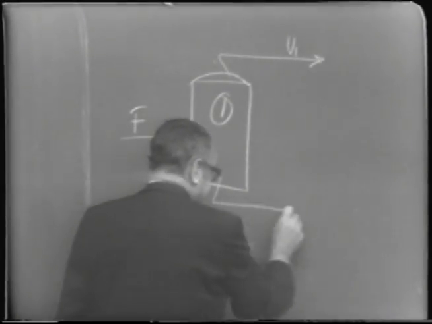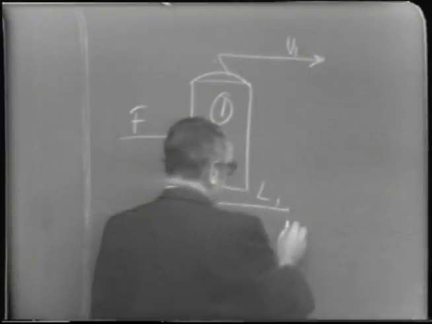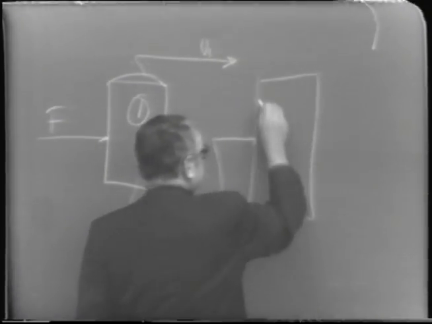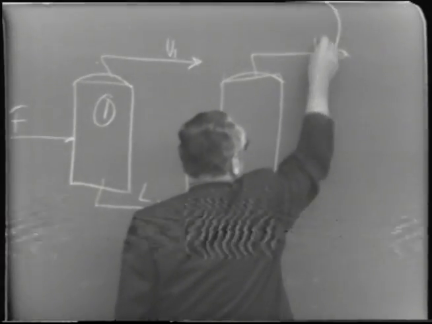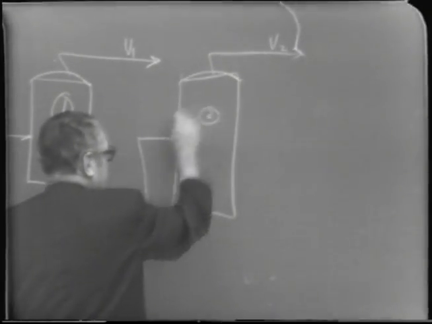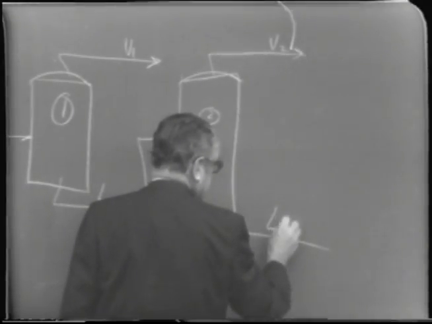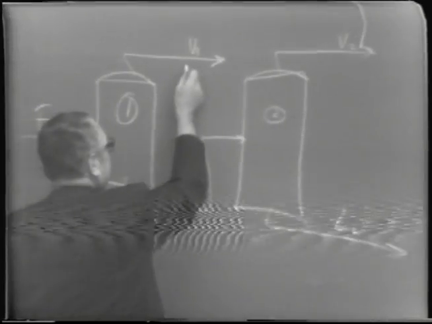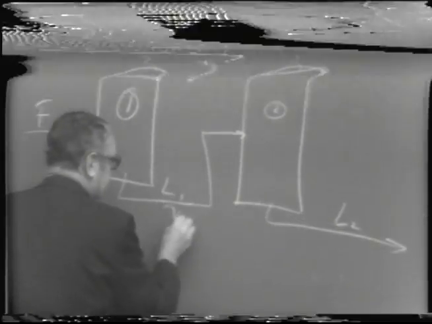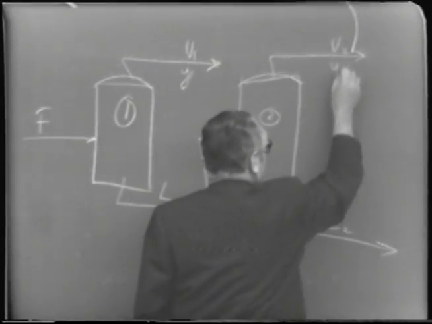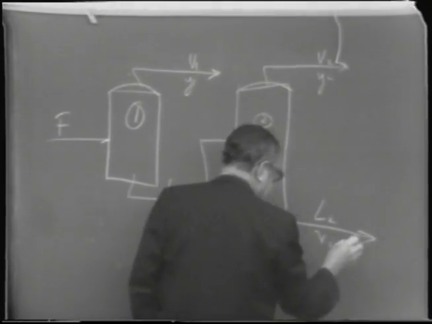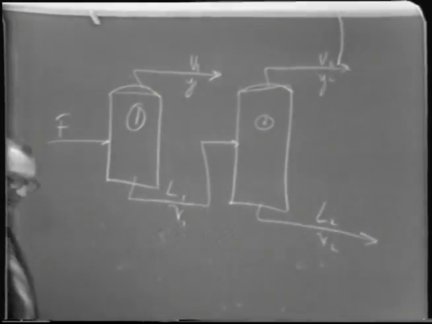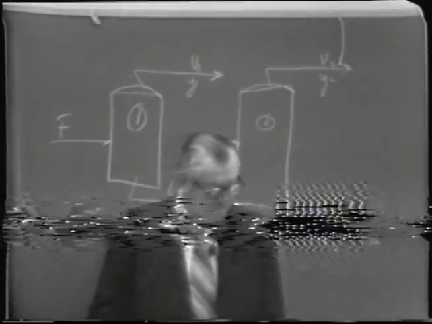And liquid going off here, but this is introduced into a second stage, which we'll call V2 and then L2. And you'll have a Y1 and an X1 and a Y2 and an X2. And so the question was, what is the percentage of the volatile constituent recovered in the 2 vapor streams?